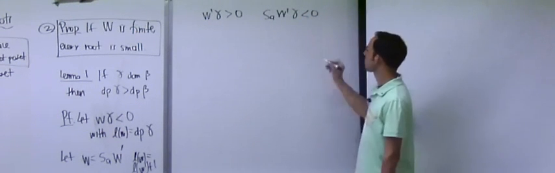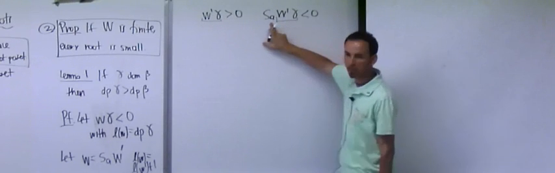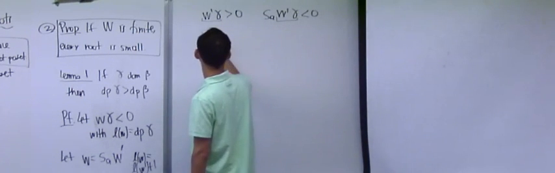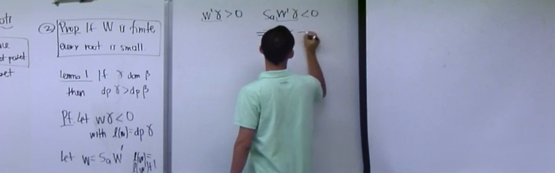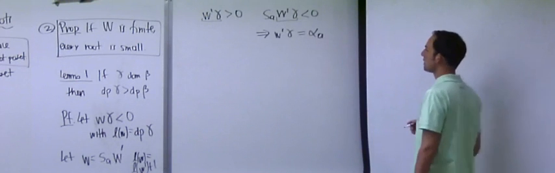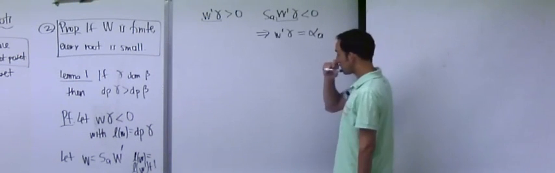And we like this because we know what is the only positive root that is made negative by a simple reflection. It must be the corresponding simple root, so W prime gamma must be alpha A. It can't be anything else. Okay?